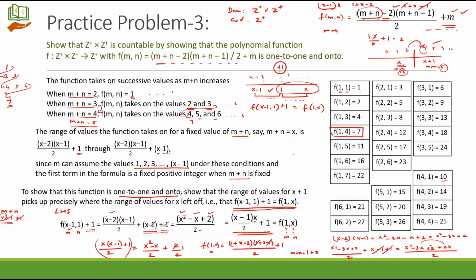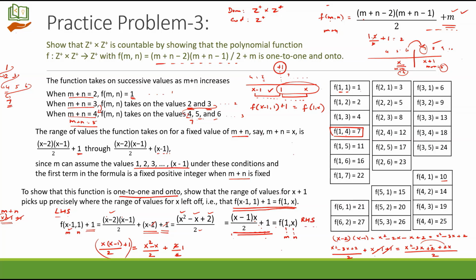What is 1 minus 2? It is minus 1. So we will have x minus 1 from this particular part and x from this particular part. The denominator 2 will stay as it is and we will have plus 1 here. Now this is equivalent to f of (1, x). This is nothing but the right hand side. We have proved that LHS is equal to RHS.